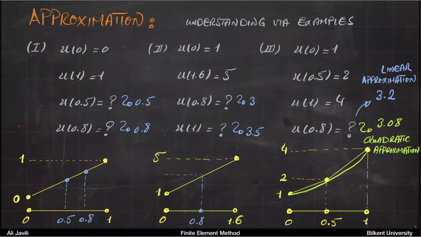And in order to do that, we just discussed a few simple examples. So let's say you have a function that is 0 at 0 and it's 1 at 1. Then if I ask you what is the value of that function at 0.5 or 0.8, you can say 0.5, 0.8 without even calculating it.